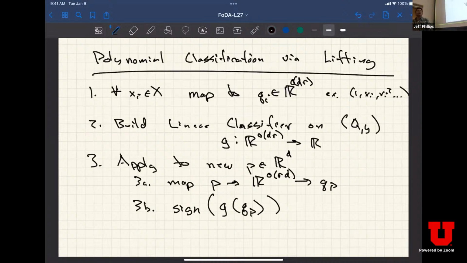So this worked with polynomial kernels. Can I do this with a Gaussian kernel as well? Kind of. I have to get this explicit mapping into a high dimensional space for this to work, and I can't do that perfectly with Gaussian kernels. It turns out you can approximately do that.